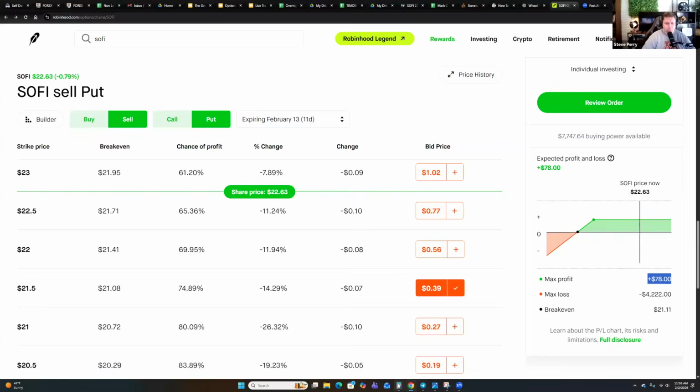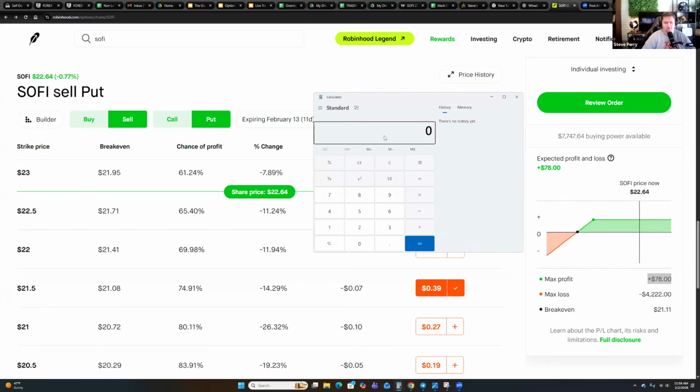Now, look at this. I'm gonna grab my calculator again. If I take $78 and divide it by 4,222, which is how much I'm locking up in a cash secured put, and then multiply that by 100, I'm basically making almost a 2% return in 11 days.